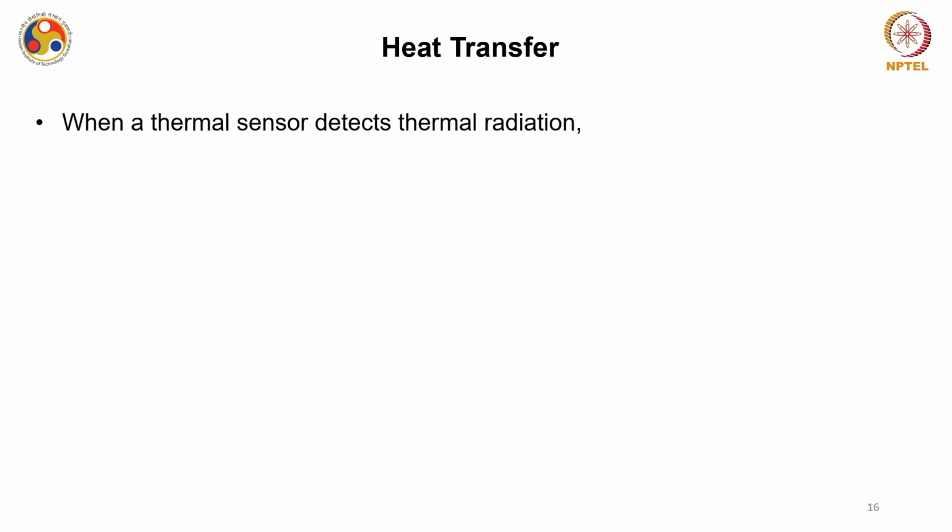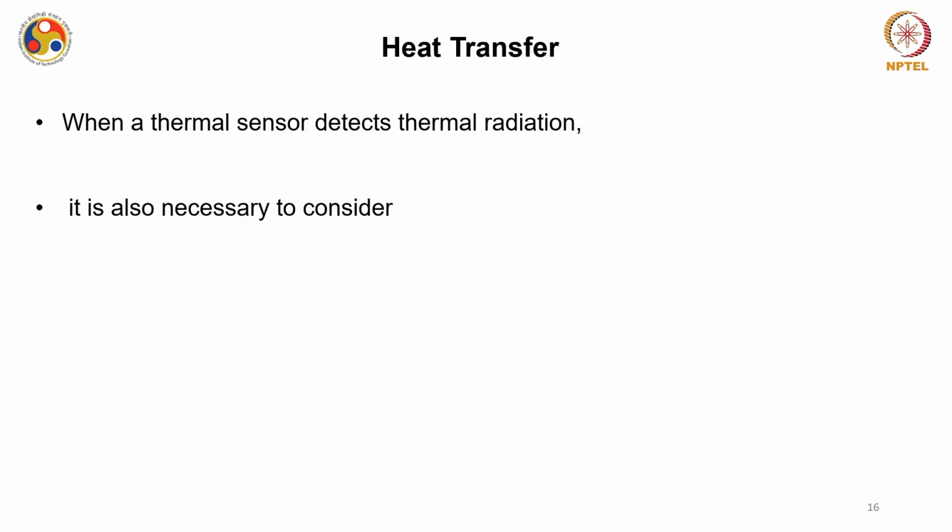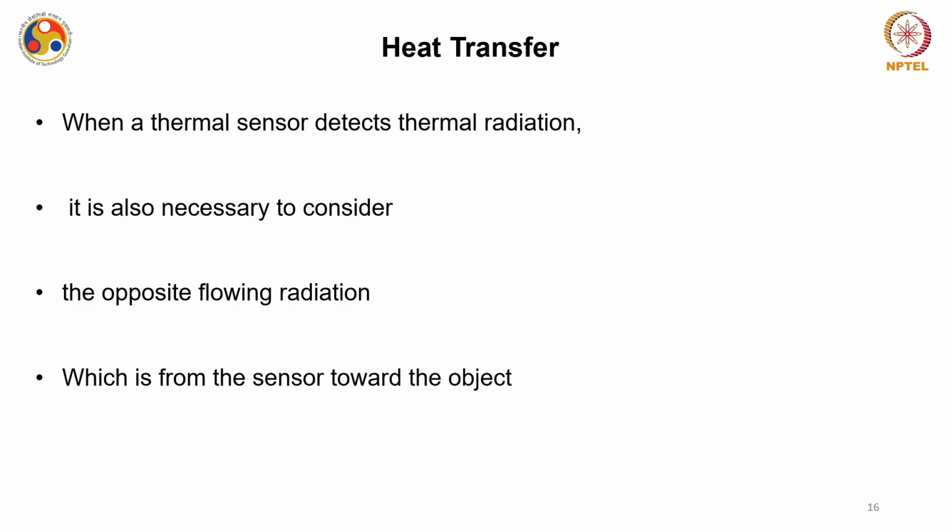Now when I want to detect this, I have to utilize a thermal sensor. When a thermal sensor detects this thermal radiation being emitted from an object of our interest, it is also necessary to consider the opposite flowing radiation, that is, from the sensor to the object. Of course this is my object and this is my sensor, and the object is at a certain temperature, say 37 degrees Celsius if it is a human moving in the vicinity of this sensor.